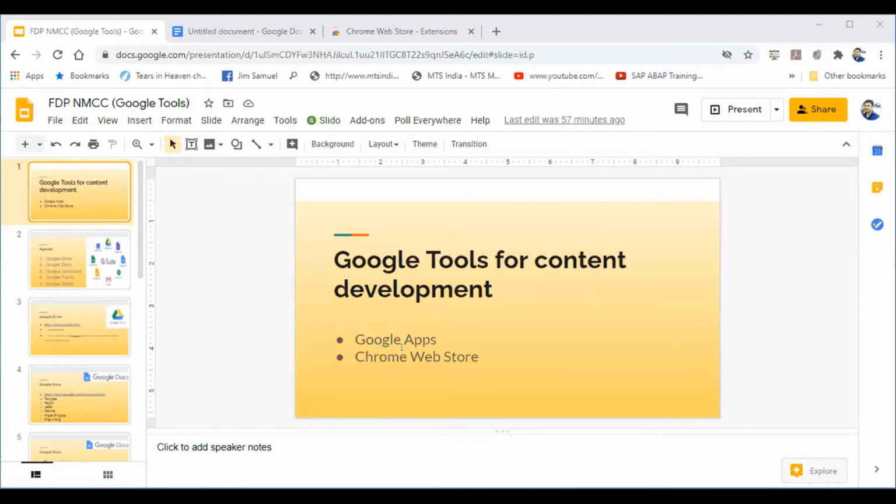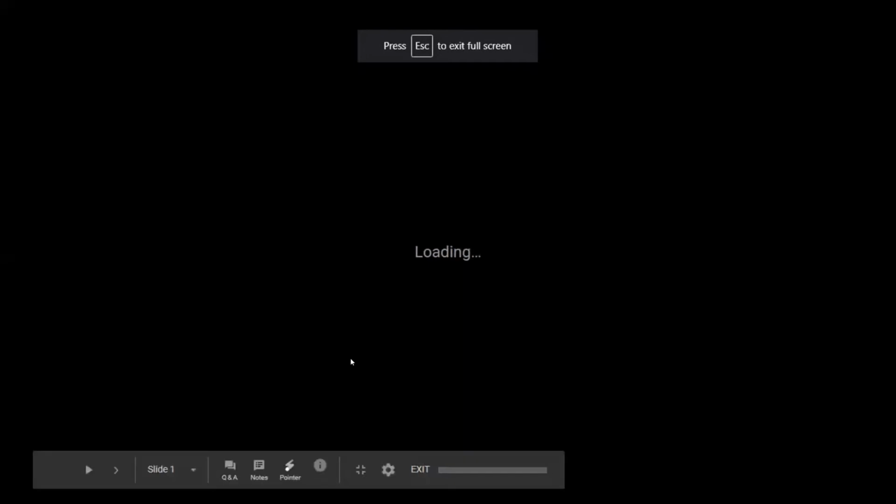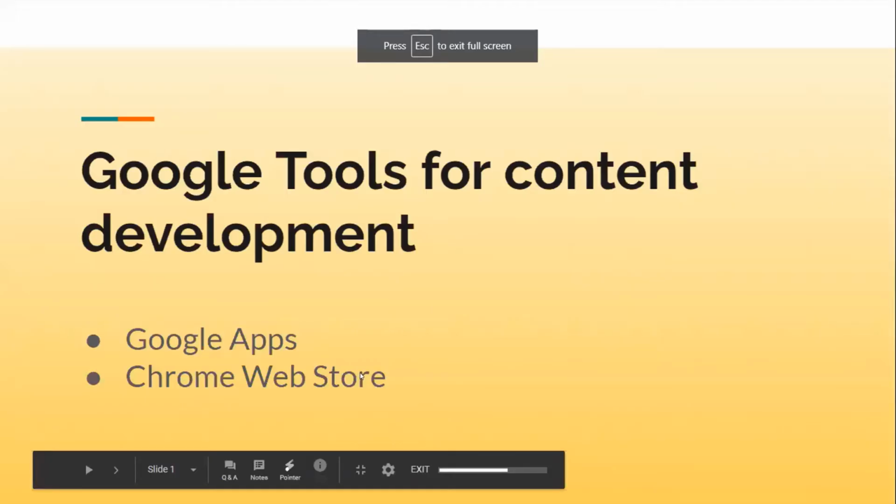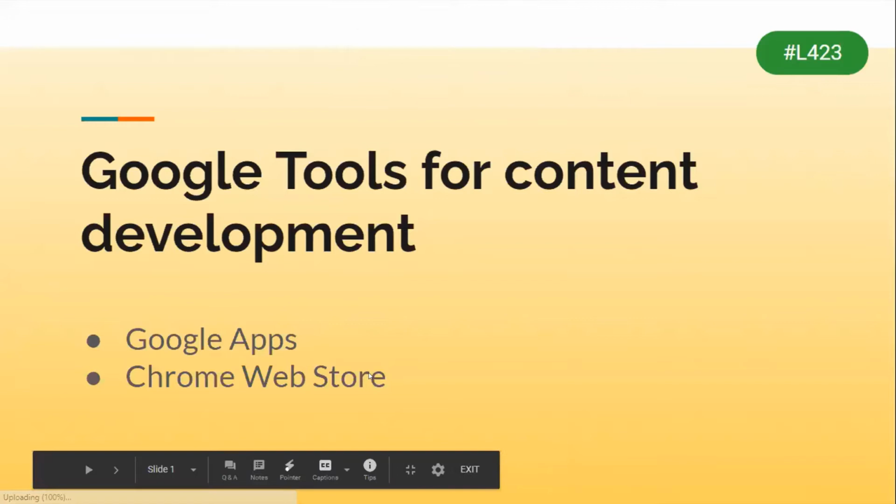There are two important aspects in Google. One is Google Apps, the second is Chrome Web Store.